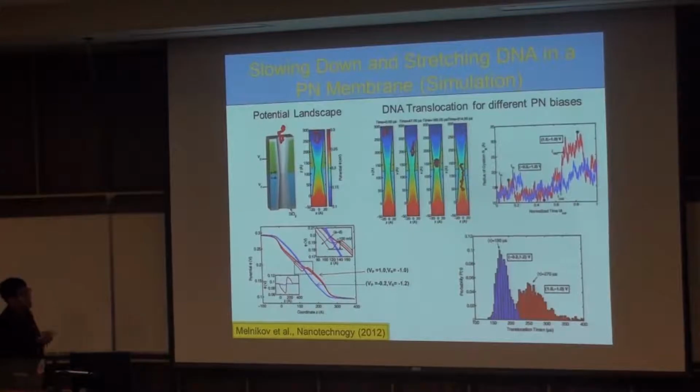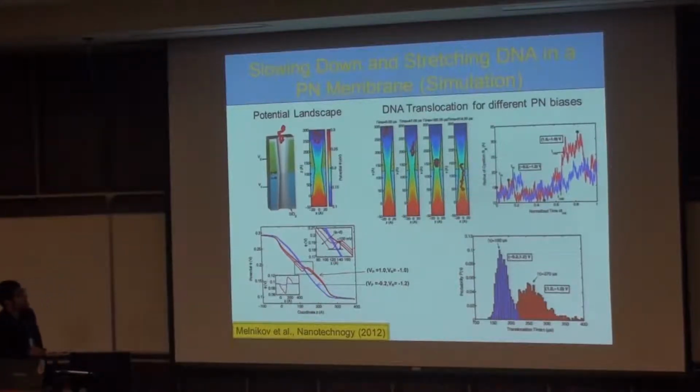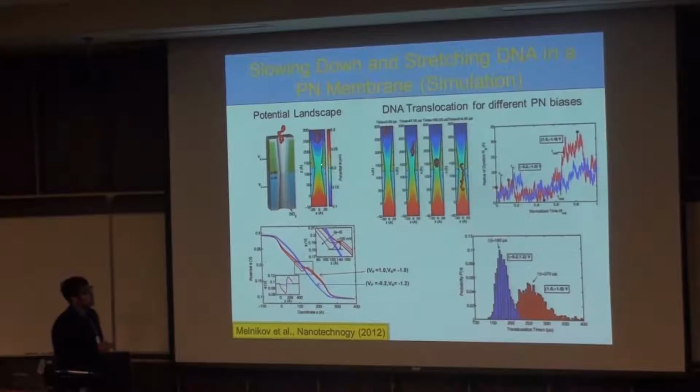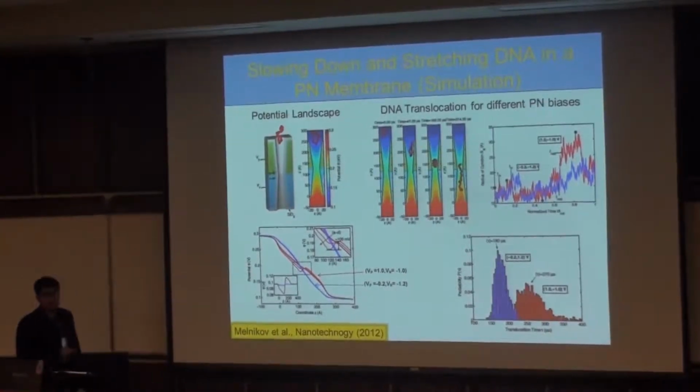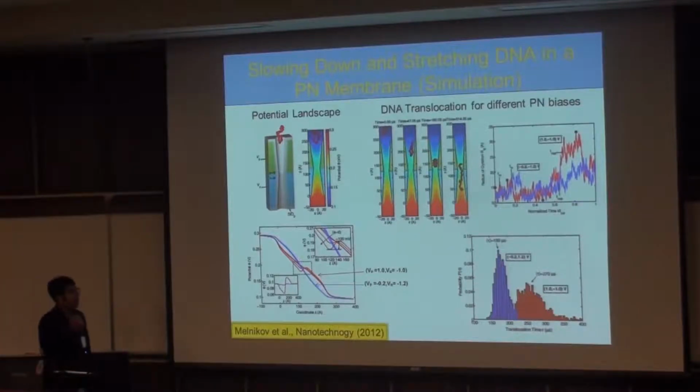Now, we translate this to manipulating the DNA as follows. Depending on the actual voltage profile within the nanopore, as the DNA molecule is being translocated through it, it can either be translocated as a crumpled ball or as a long stretched strand.